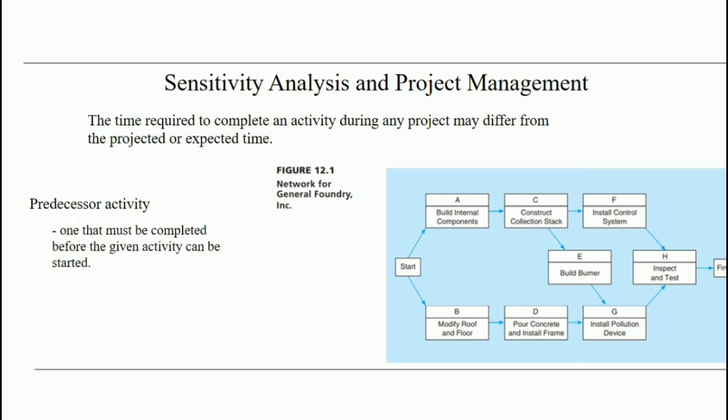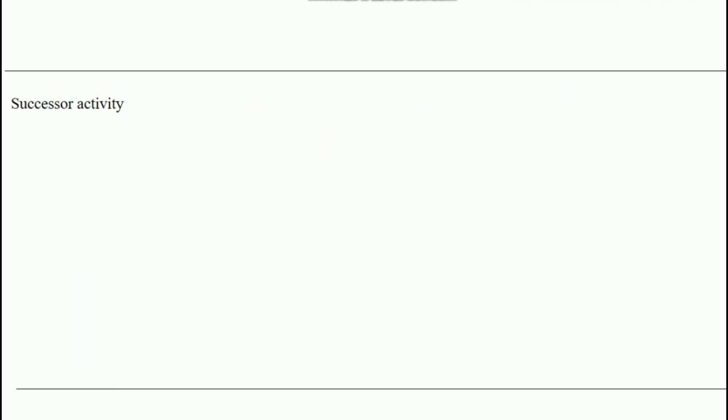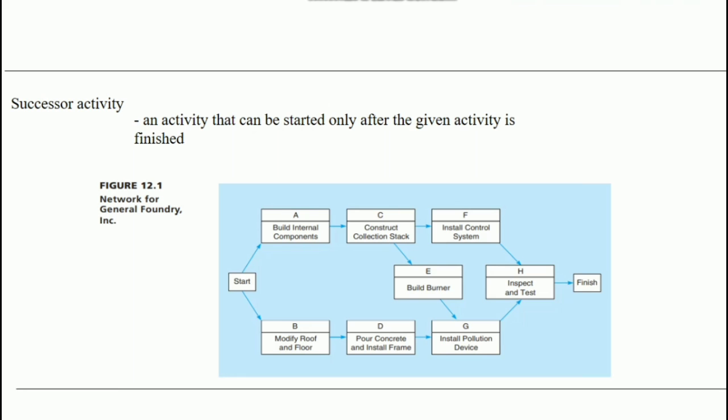Activities A, B, C, D, and E must all be completed before activity G can be started. A successor activity is an activity that can be started only after the given activity is finished. Activity H is the only successor activity for activity G.